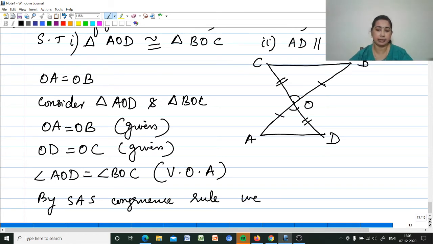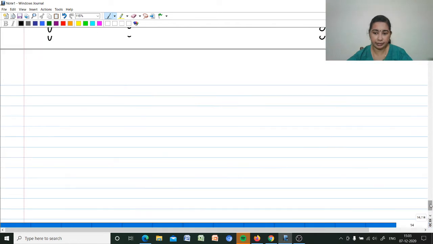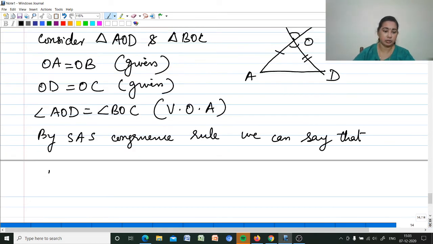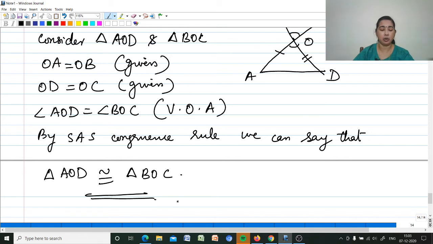Triangle AOD is congruent to triangle BOC. Those two triangles are congruent.